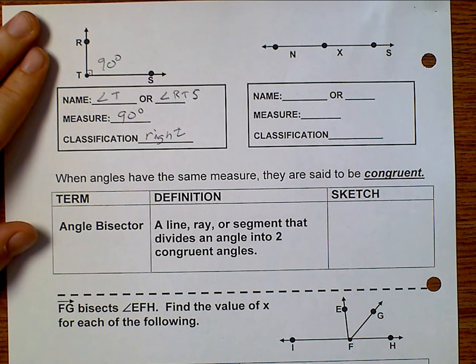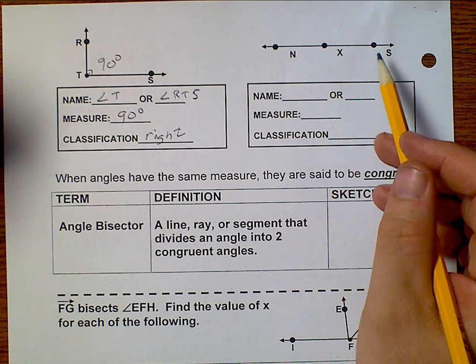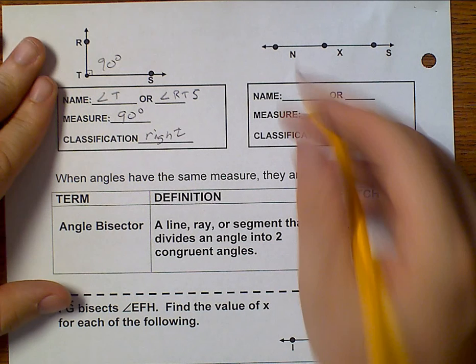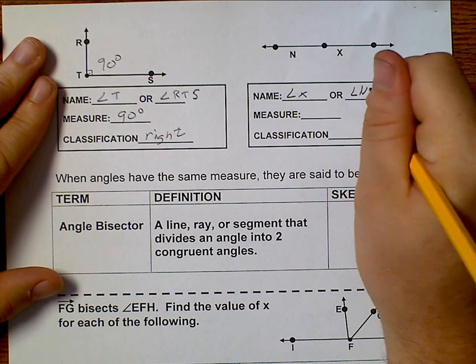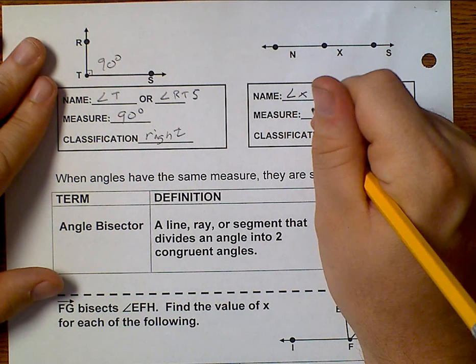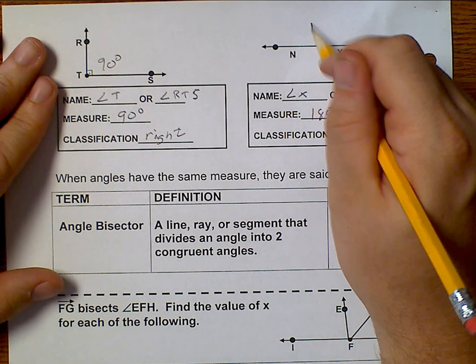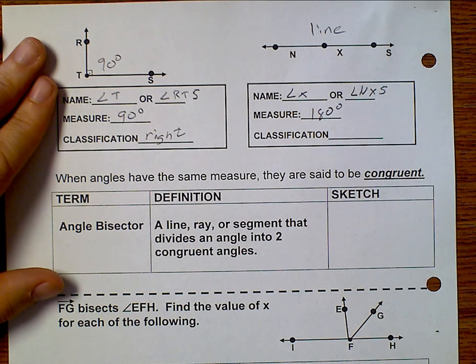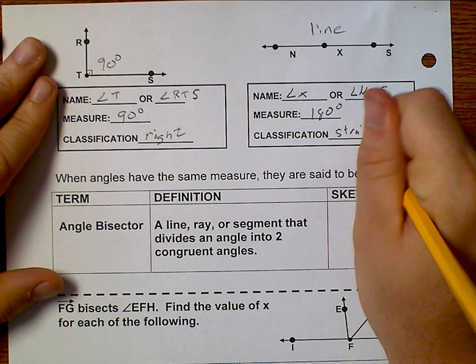And here you see a line, and that would be correct, but it would also be angle X, or angle NXS, which measures 180 degrees because this is a straight line, and so this would be a straight angle.